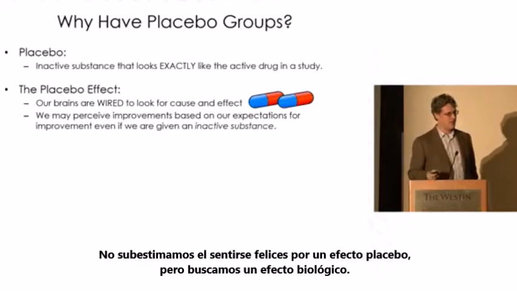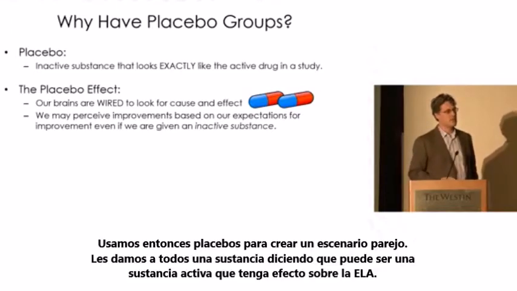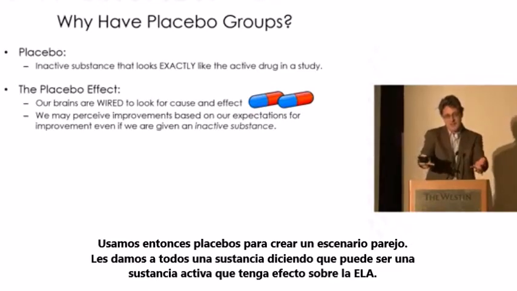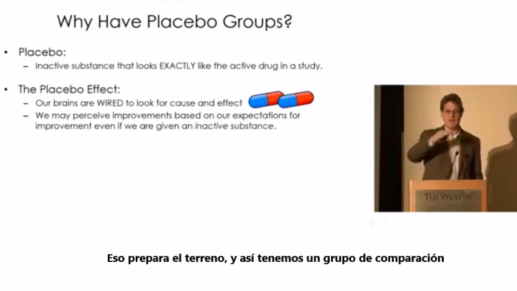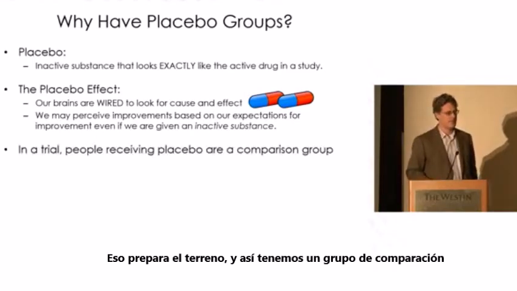We're not above being happy about a placebo effect, but we're looking for a biological effect. And so we use the placebo so that we can create an even ground. We're giving everybody some substance and saying, this might be an active substance, and that active substance might have an effect on ALS. And that sets the ground, and now we have a comparison group.